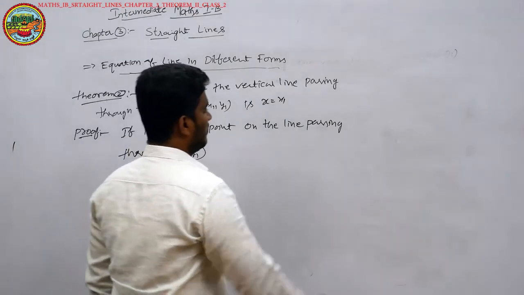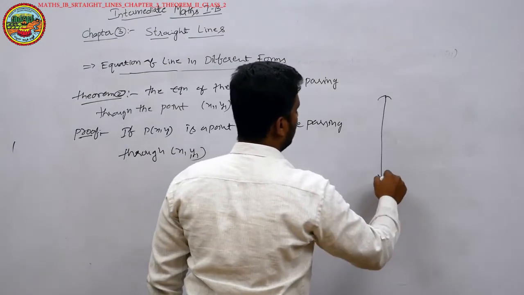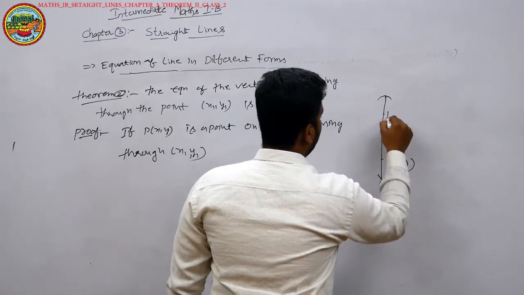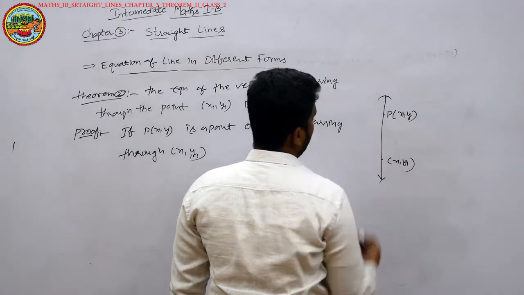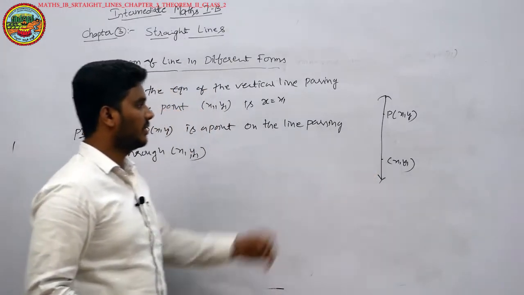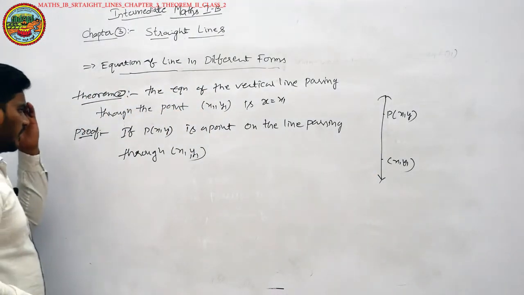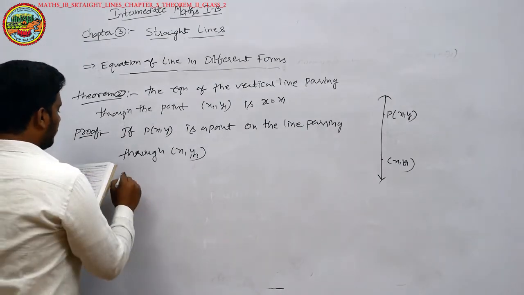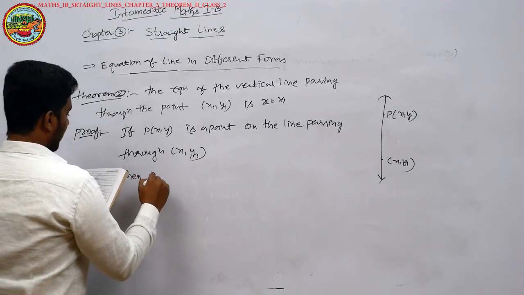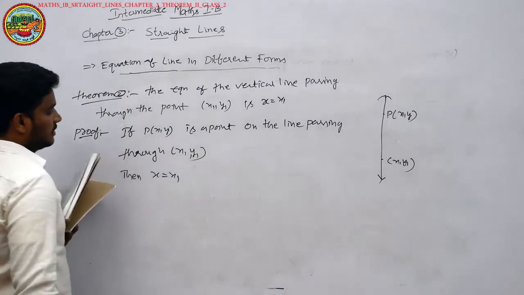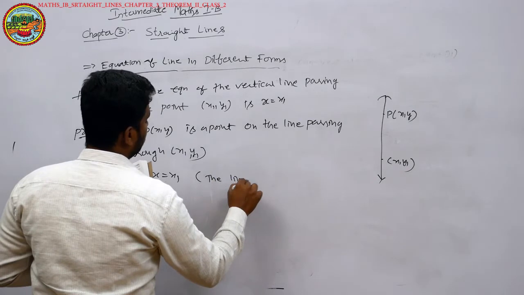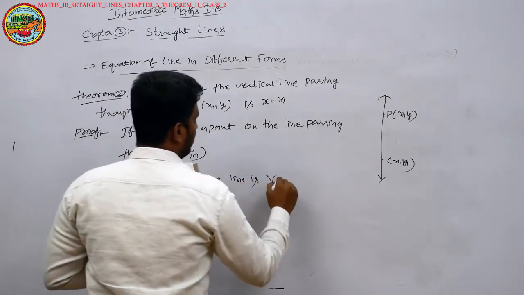So here is the vertical line, and here is the point x1 comma y1. P is any point on the line, then x is equal to x1, which means the line is a vertical line.